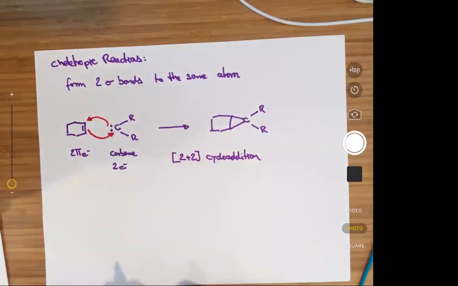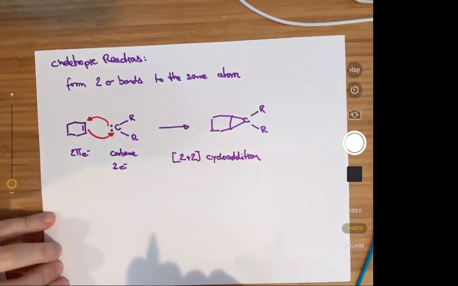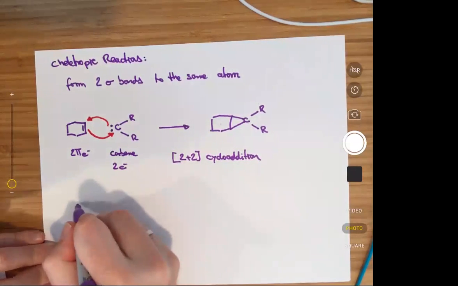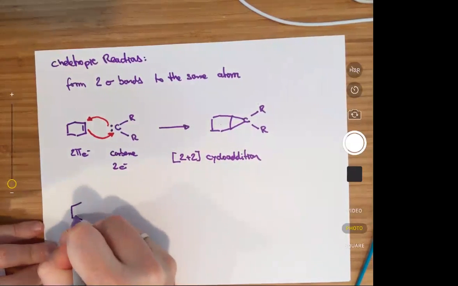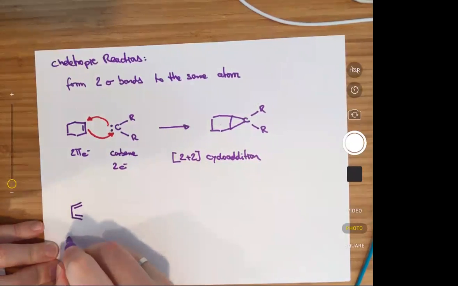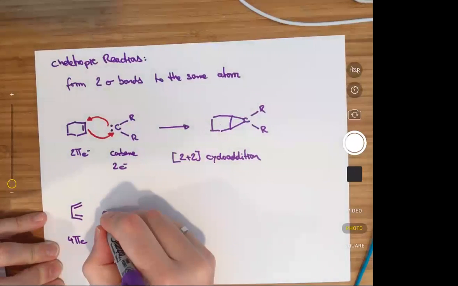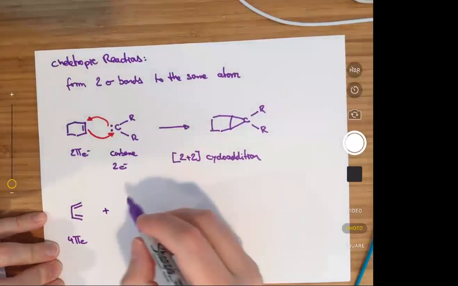Now, another reaction that falls within this umbrella of cheletropic reaction is the reaction of a 4-pi system. So 4 pi electrons. So if we have butadiene, for example, and the reaction of butadiene with sulfur dioxide.